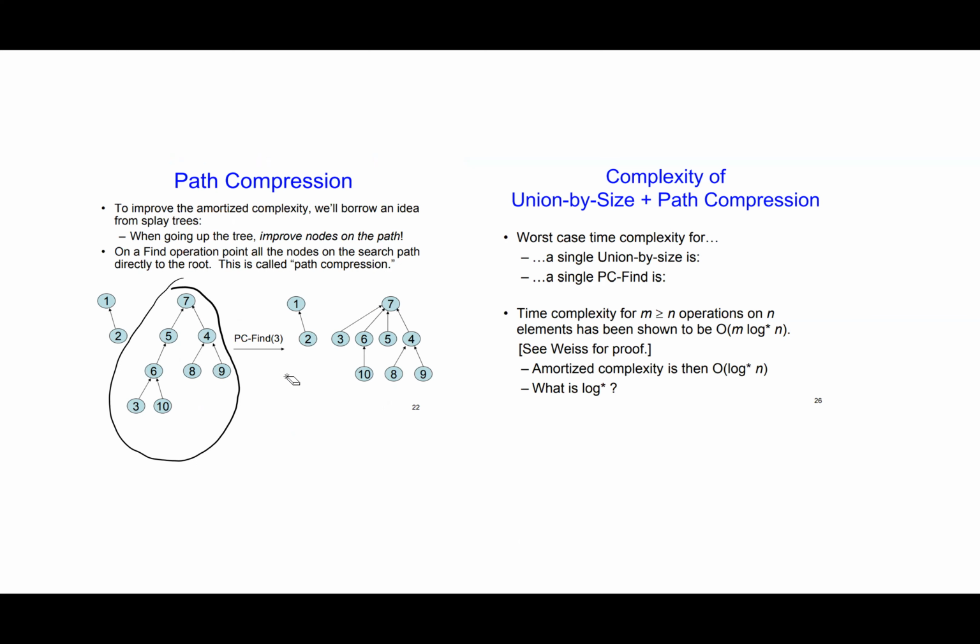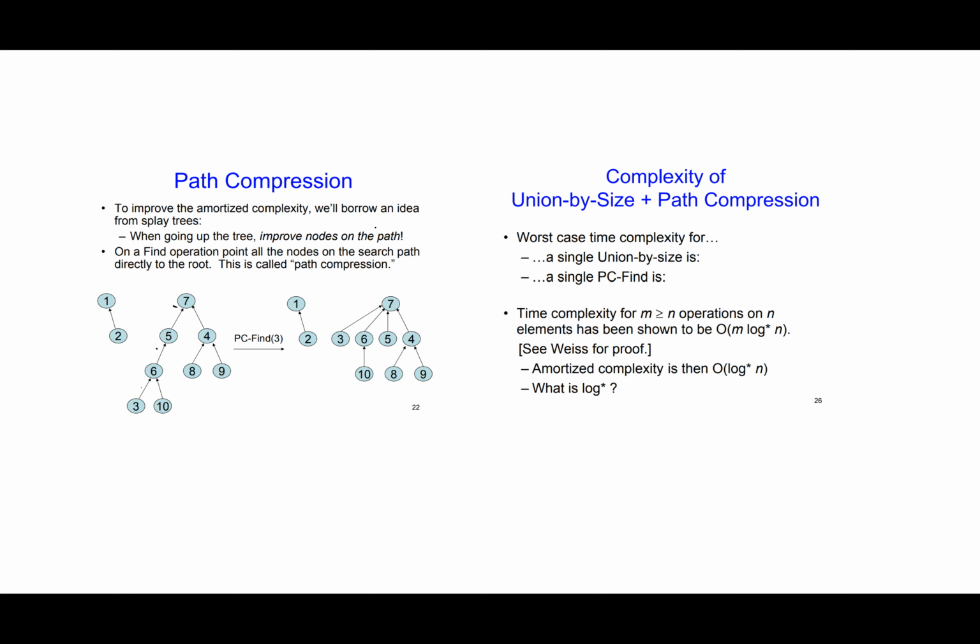But then what it does is, so how many steps did it take? 1, 2, 3. Now we know that if we have created this tree by union by size, this is a log n operation. So after log n steps, in the worst case, we got 7, the root. Okay. So next, we are not done here.